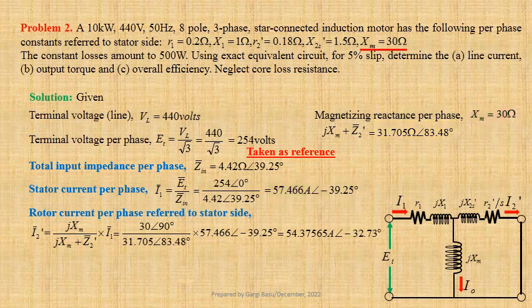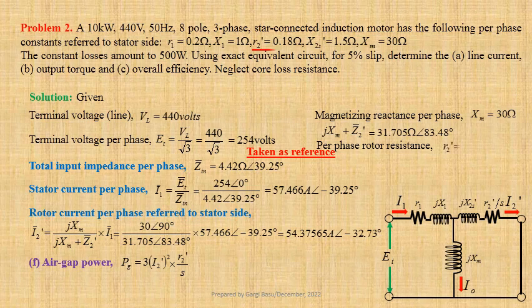For three-phase induction motor, expression for total air gap power Pg equals 3 times I2' square into R2'/S. Given per phase rotor resistance referred to the stator R2' equals 0.18 ohm and slip S equals 0.05 per unit.